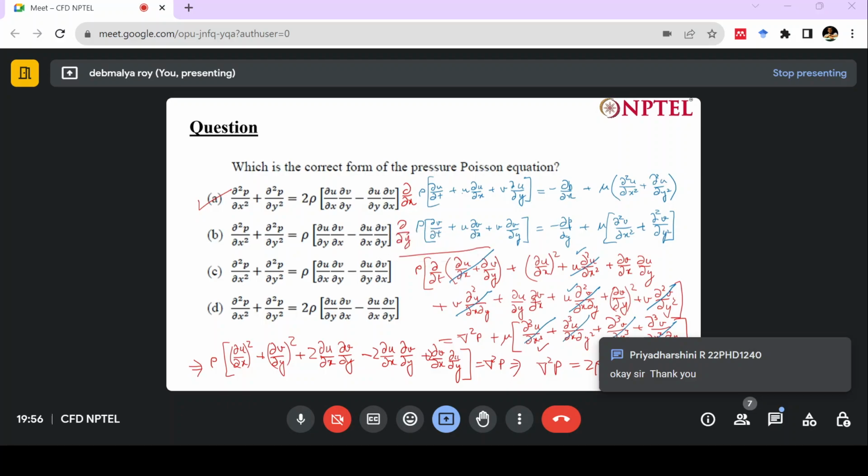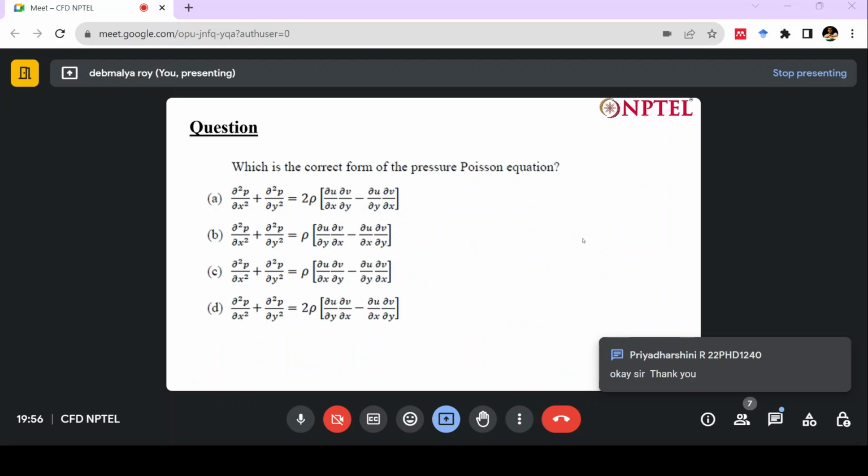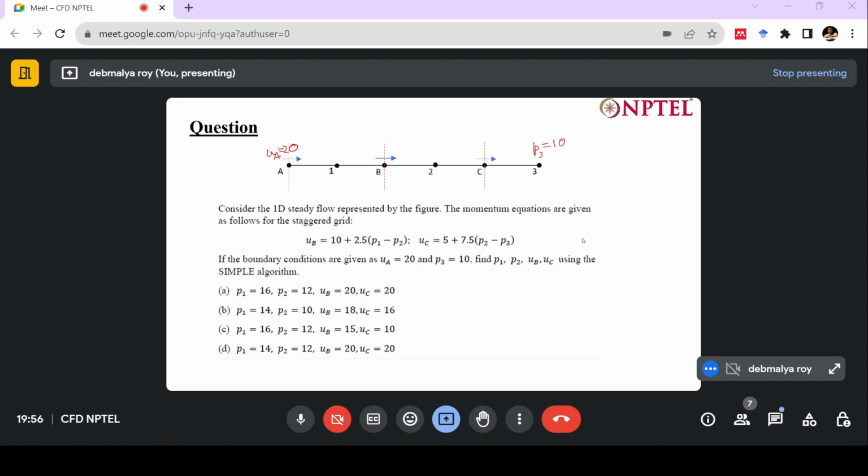All right. So here you should also notice one thing, that we are following the staggered grid pattern.